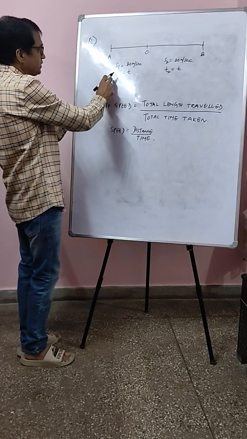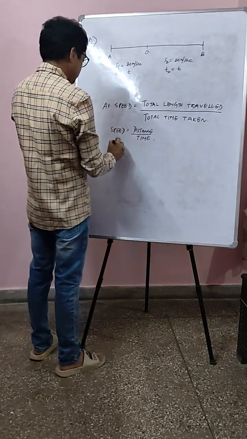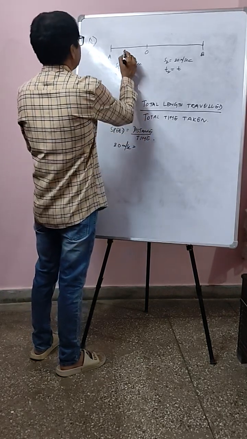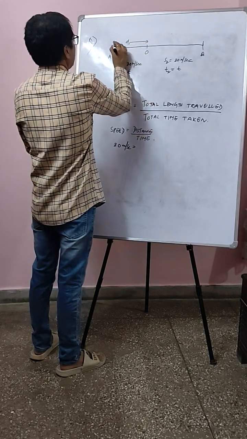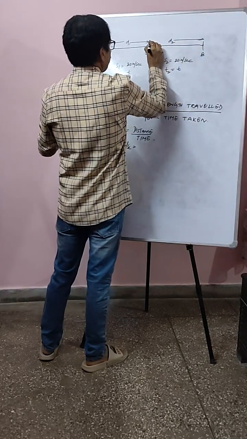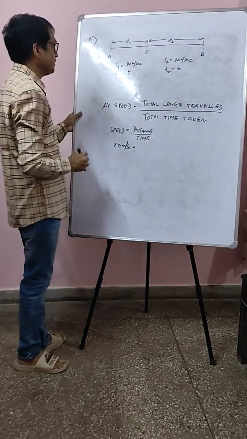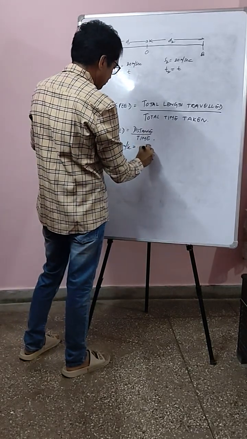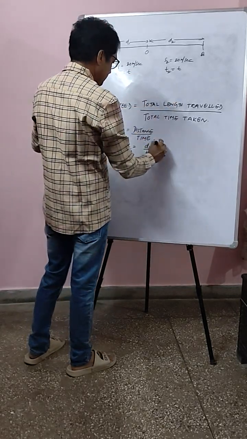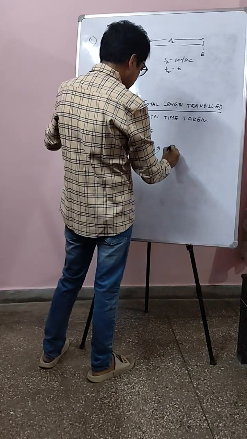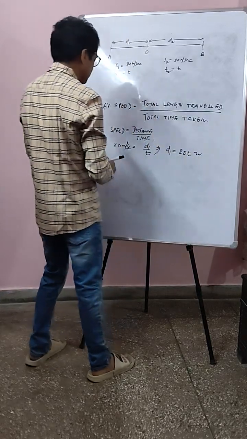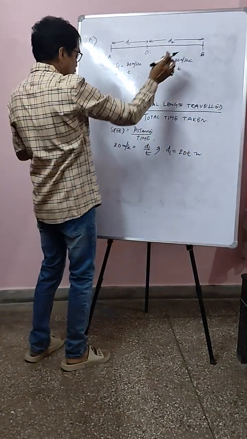For the first half of the journey, we call this distance D1 and the other distance D2, and the times T1 and T2. 20 meter per second equals D1 upon T. Since the time taken T1 equals T and T2 equals T, this implies D1 equals 20 T meter.